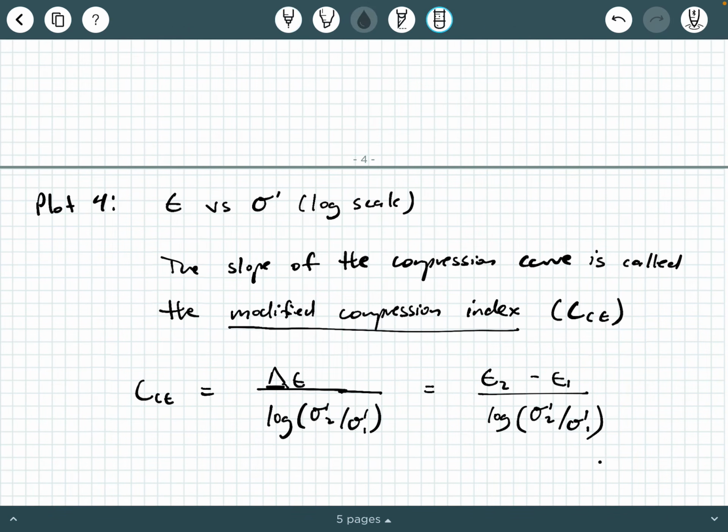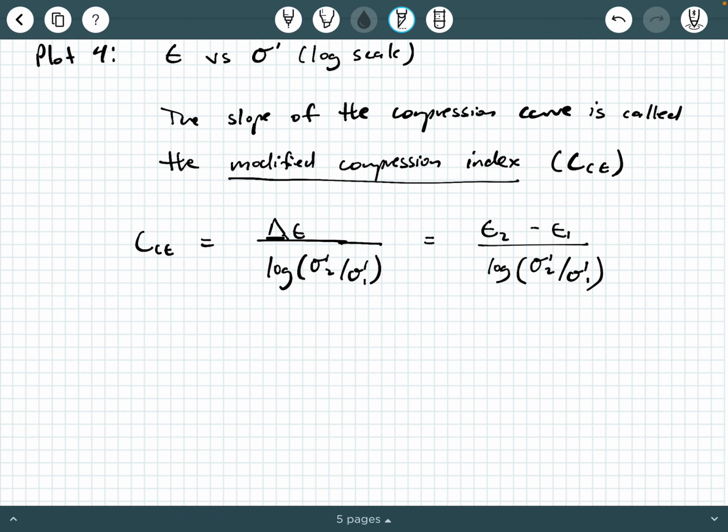Again, notice there's no negative lingering out in front here because we've reversed the direction of the positive epsilon axis, okay? So we can also say C sub C epsilon equals C sub C over 1 plus E naught, okay?